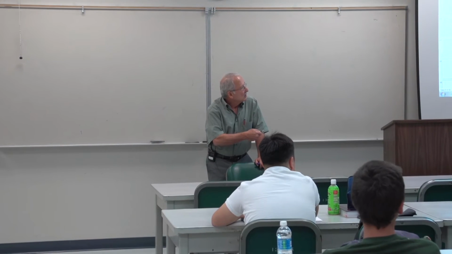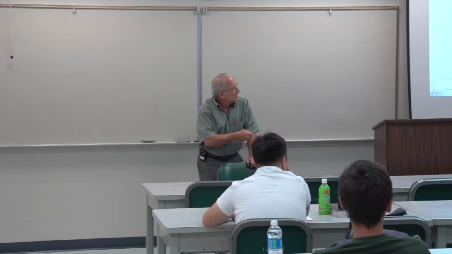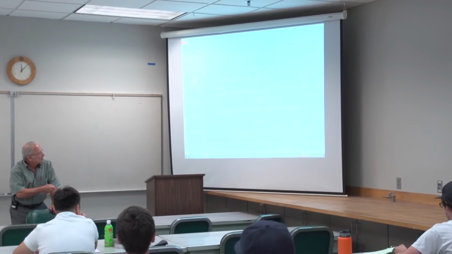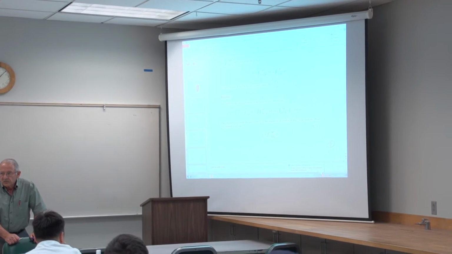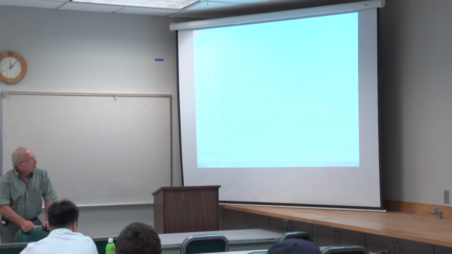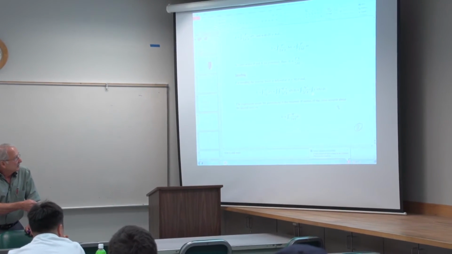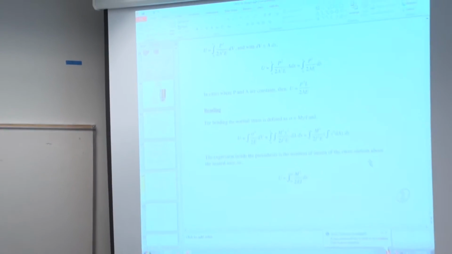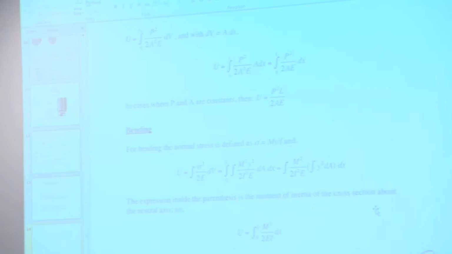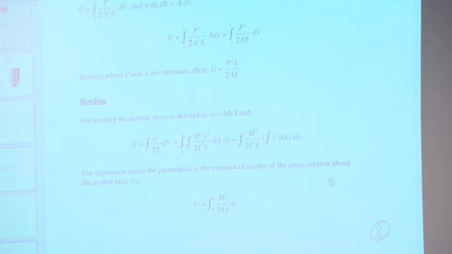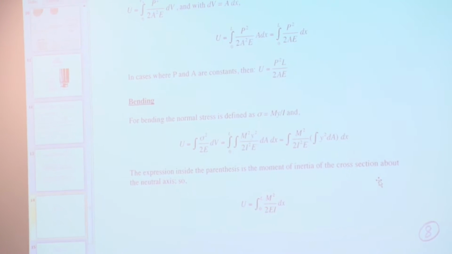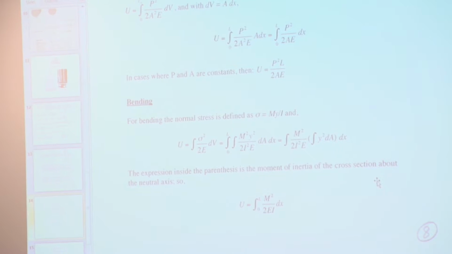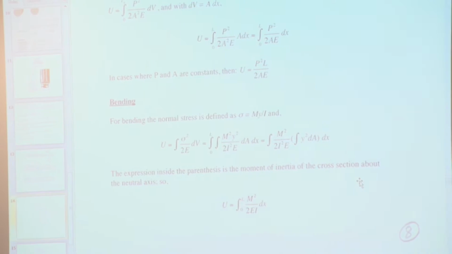So we can take out y squared dA, and the reason why we have a double integral, of course, is because we have two differentials. The integral of y squared dA, integrated over the whole area, is defined as the moment of inertia about the neutral axis. This is how we define moment of inertia, the integral of y squared dA.